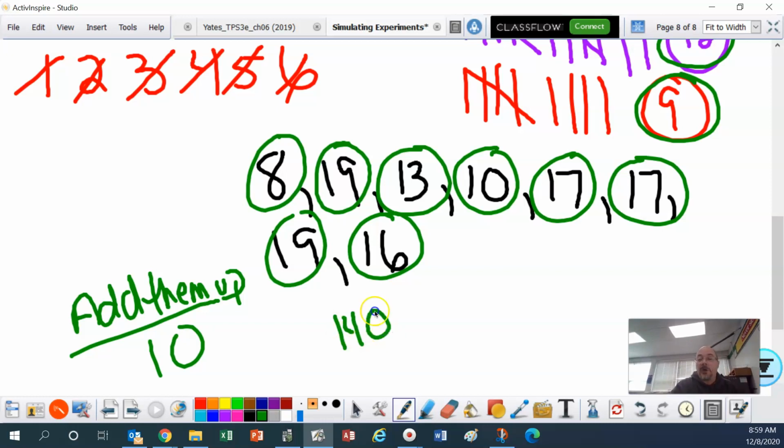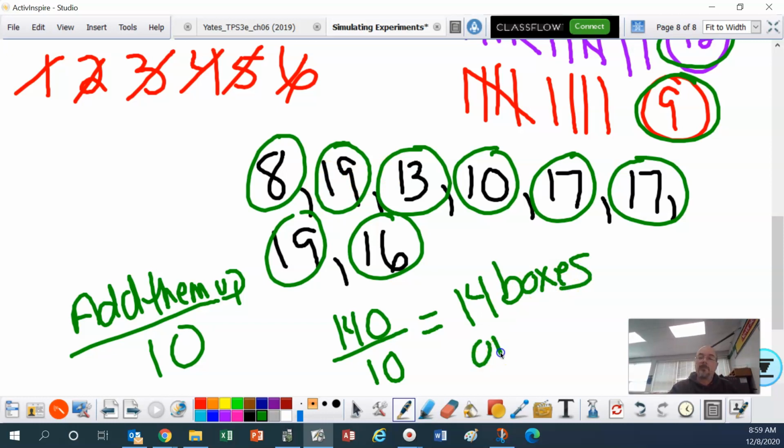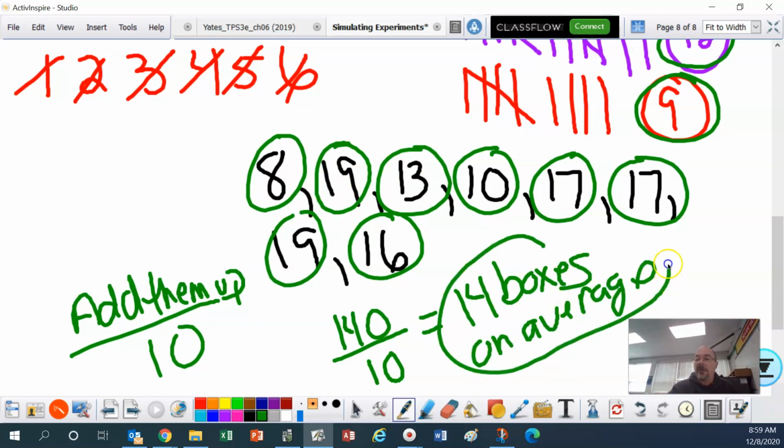They added up to 140 for me. Divide by 10, and I came up with 14 boxes. So on average, to get all 6 prizes, you're going to have to buy 14 boxes, and hopefully eat them too.